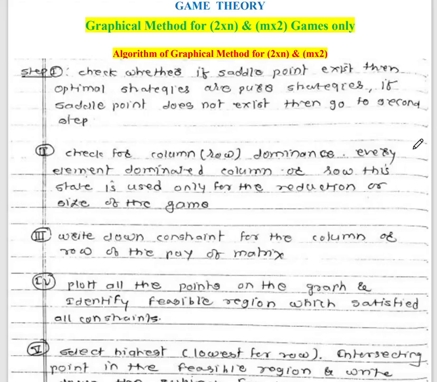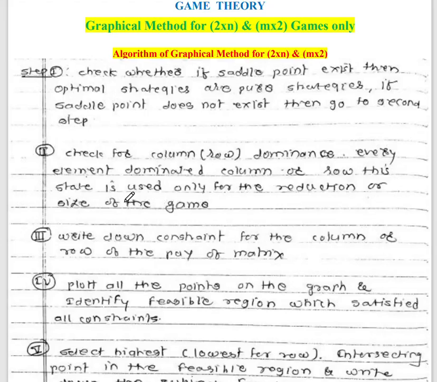If a saddle point does not exist, then go to the second step. Suppose there exists a saddle point, then this problem becomes the first type of problem, the game with a saddle point.